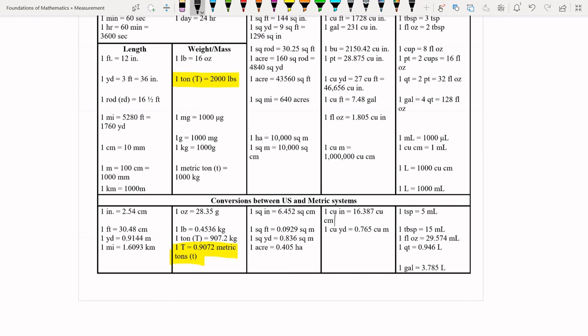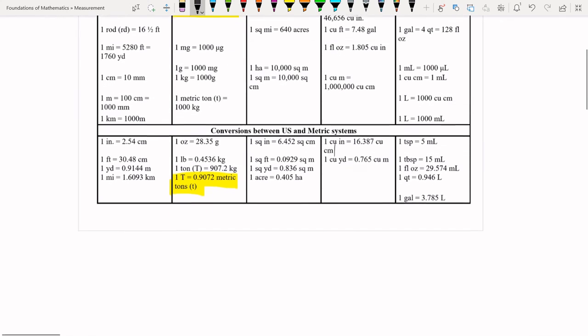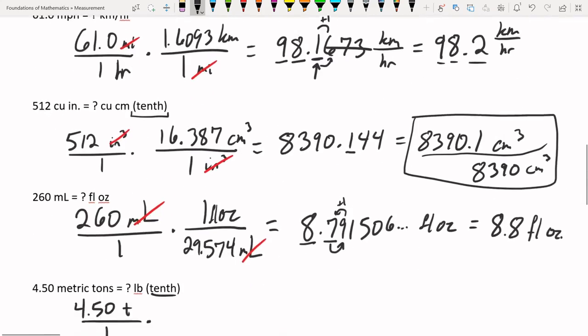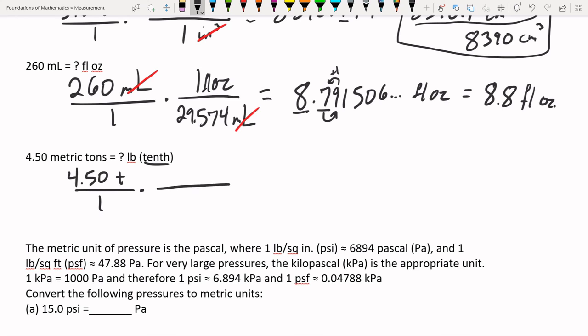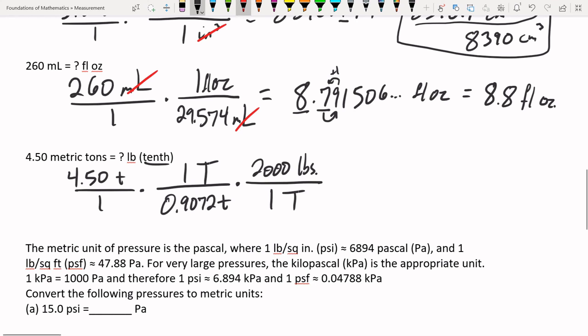We could also convert metric tons to kilograms and then kilograms to pounds, but I think this way will work. So 0.9072 metric tons to 1 ton. And then 1 ton has 2,000 pounds in it. You see our metric tons cancel, and this is the regular tons.